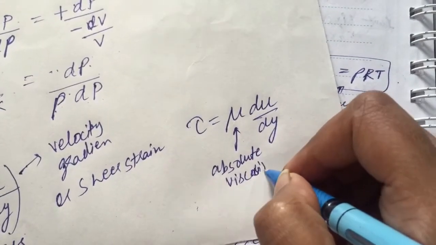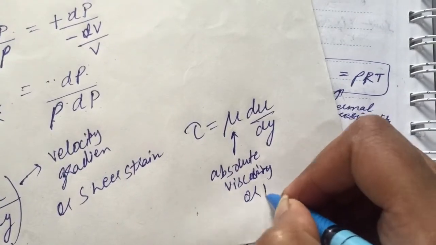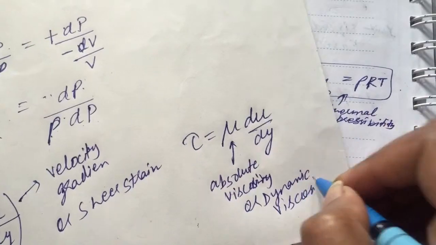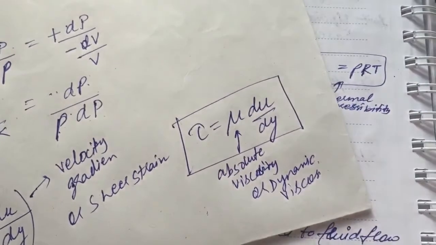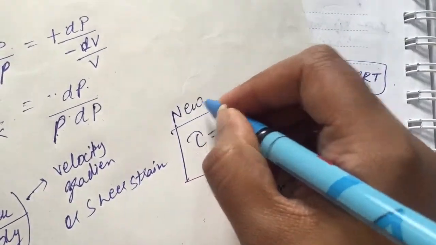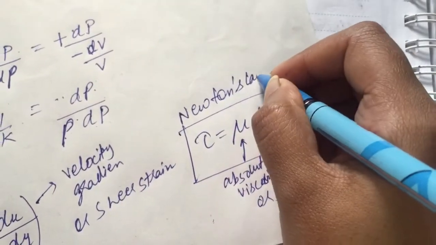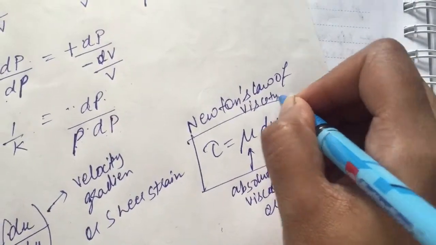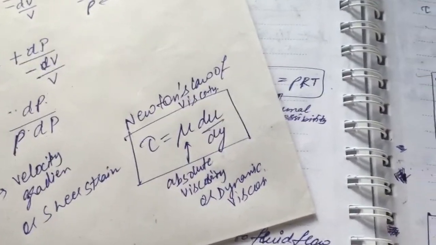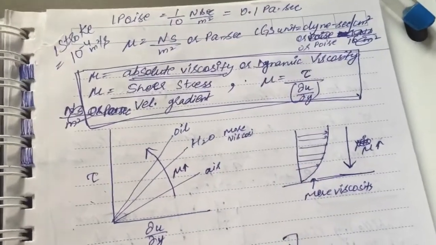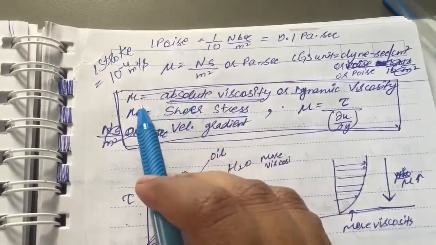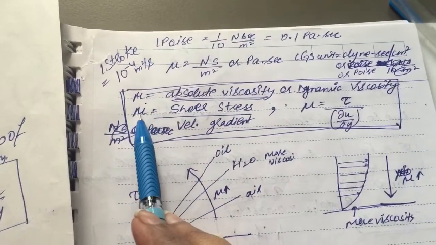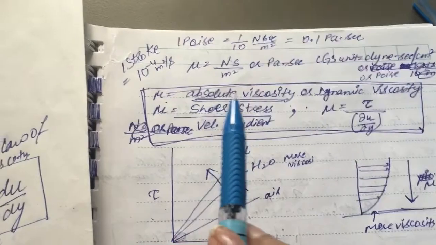Absolute viscosity or dynamic viscosity. This is basically our Newton's law of viscosity. So moving on, our mu we know is absolute viscosity or dynamic viscosity, and mu is also equal to shear stress by velocity gradient.